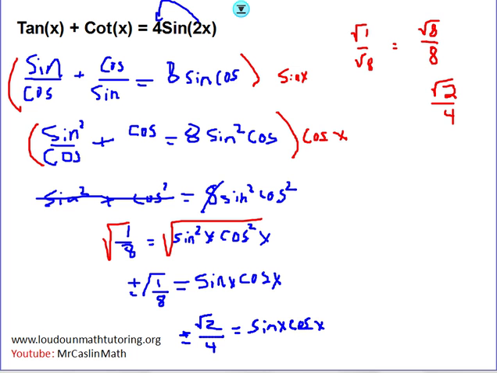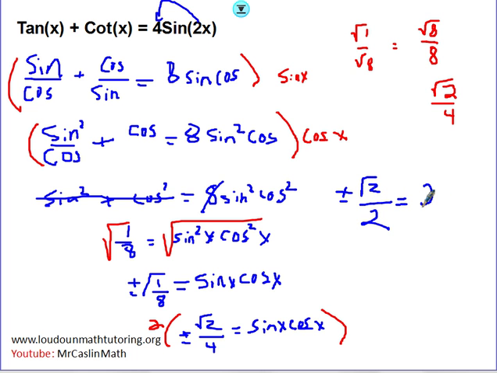I'm going to multiply both sides by 2. That'll be like a 1/2 square root of 2. Keep going in blue here, so we get plus or minus square root of 2 over 2. That's a familiar trig value.